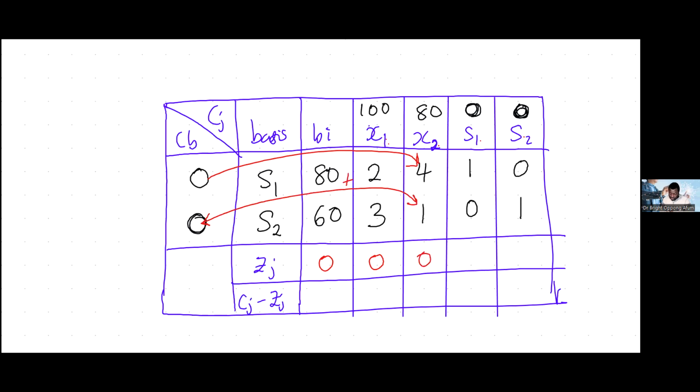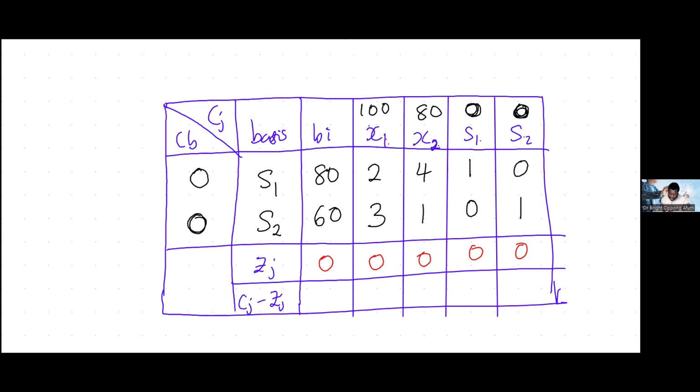We do the same thing, 0 times 1 plus 0 times 0. Then 0 times 0 plus 0 times 1, and that will be 0. So if I make it clean, this is where I am, right? And this is Cj minus Zj, right?